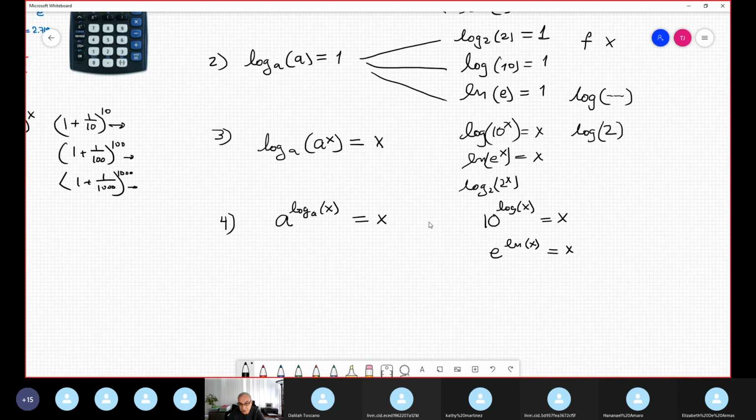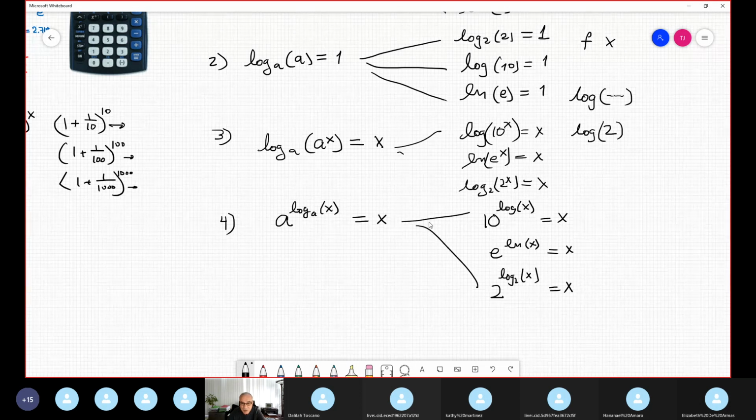And base 2, 2 to the log base 2 of x is equal to x. This is property number 4. And this is property number 3. It's the same, but the only difference is you apply the exponential first.